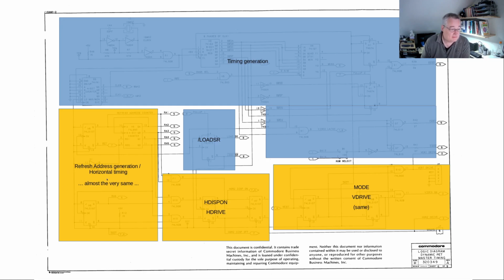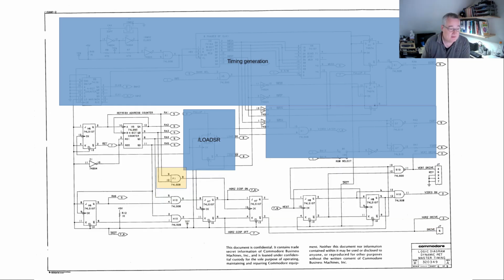The refresh address generation, horizontal timing, and display on mode are basically the same. The only thing is this one, which is an extra logic gate, probably thought to improve the timing, but the rest is exactly the same. I said for the horizontal timing, this is all the same.